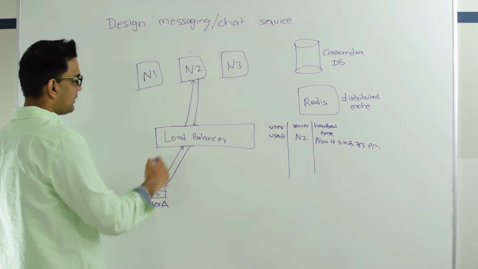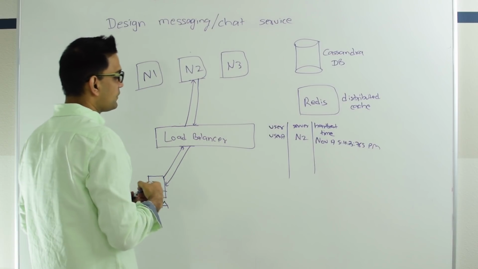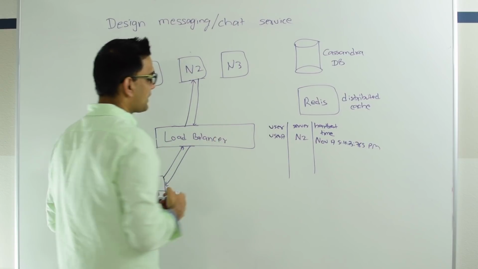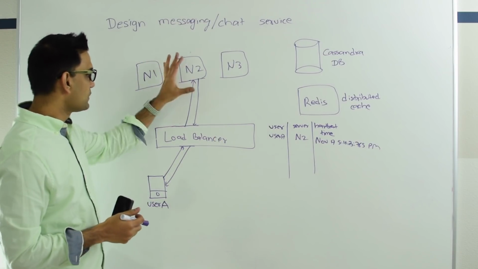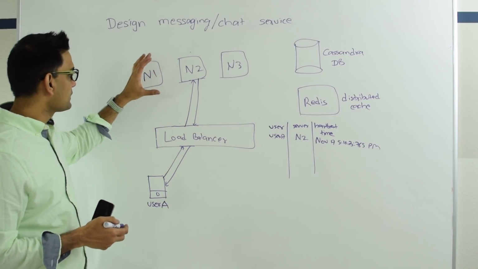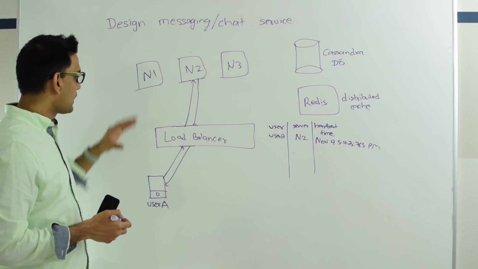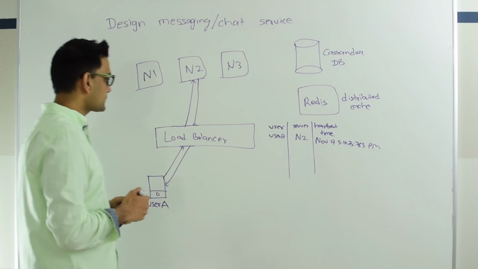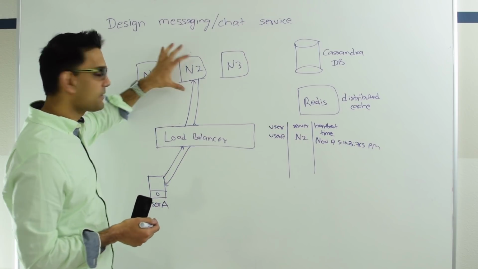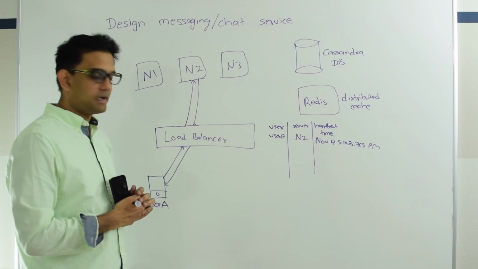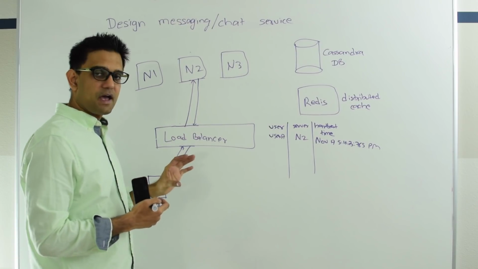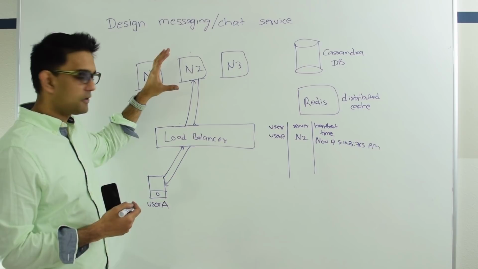So coming back here, user A and N2 are constantly heartbeating back and forth. Let's talk about a scenario where N2 dies. This is very easily possible, where N2, the host who was managing user A, dies. What will happen in that case is that the WebSocket connection will instantly break. User A will know that the other end of the server died.